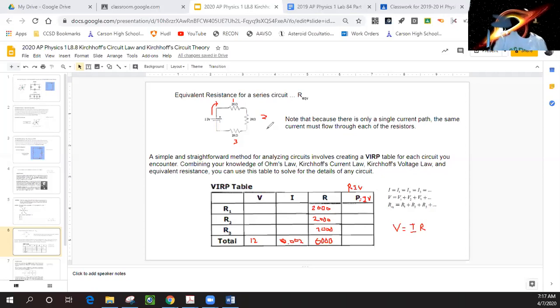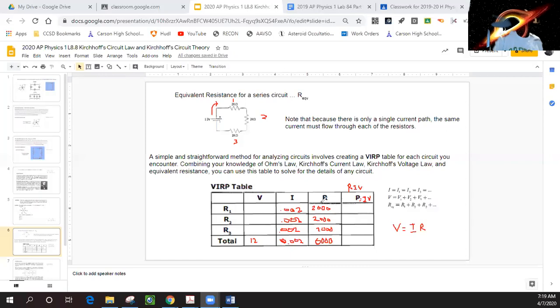Because this is a series circuit, notice this relationship, that all the current going in must equal current going out. So this whole thing here is also 0.002. Let me pause and let's get caught up.